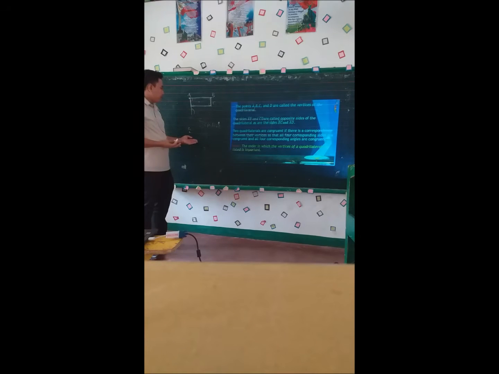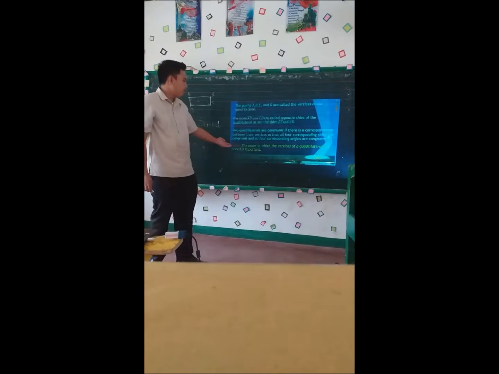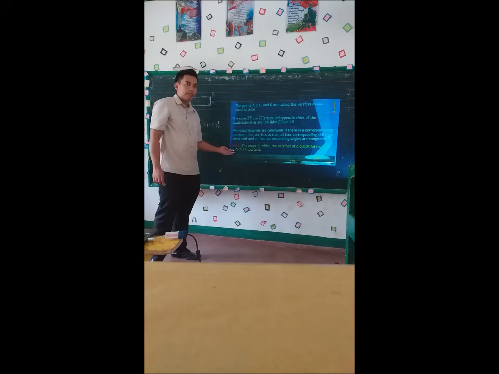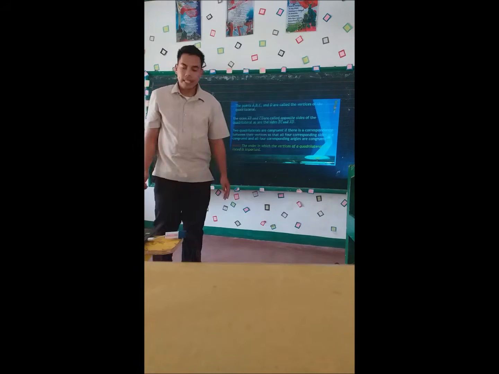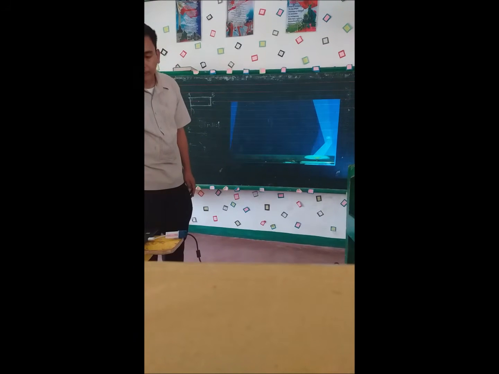But if you put the points differently, it is not a quadrilateral in form. So the order of the vertices is important in naming the quadrilateral.